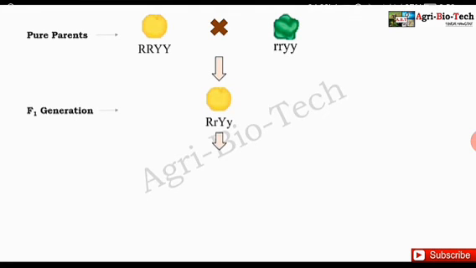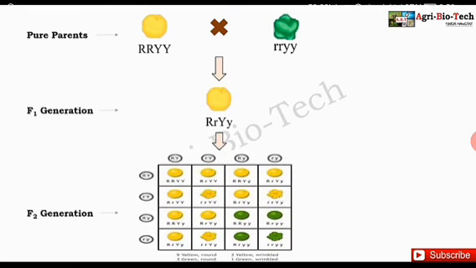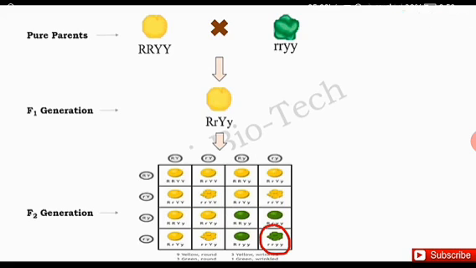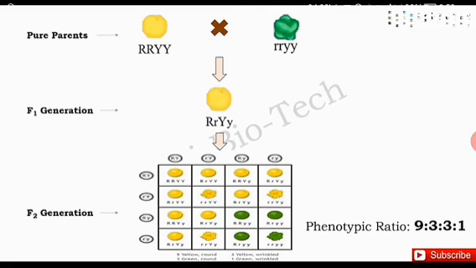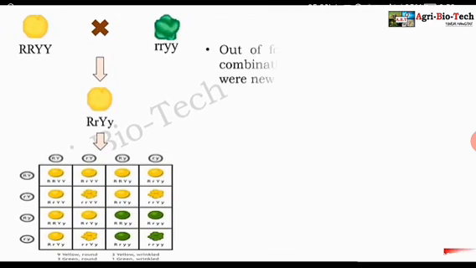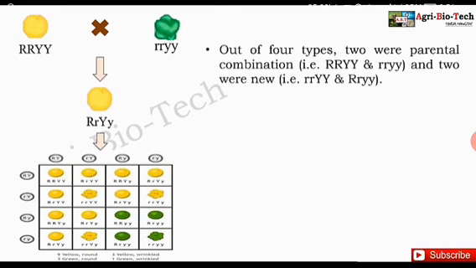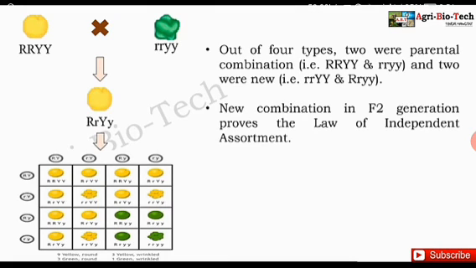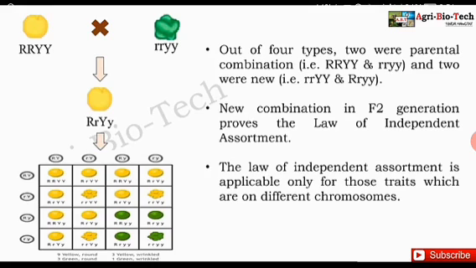In the F1 generation they got capital R small r, capital Y small y, and in the F2 generation the seeds were found to be of four types: yellow round, yellow wrinkled, green round and green wrinkled, in the ratio 9:3:3:1. Out of the four types, two were parental combinations and two were new. The new combinations in the F2 generation prove the law of independent assortment.